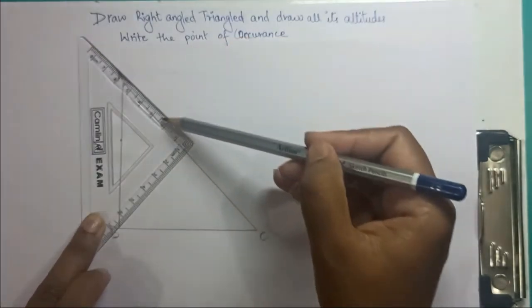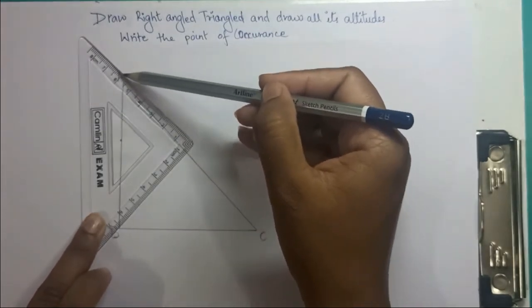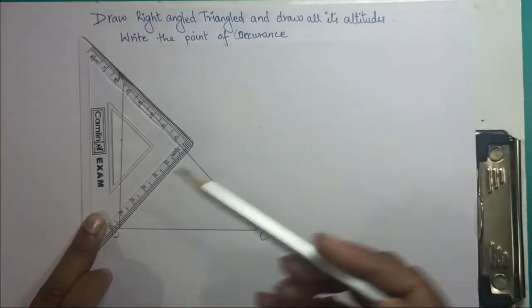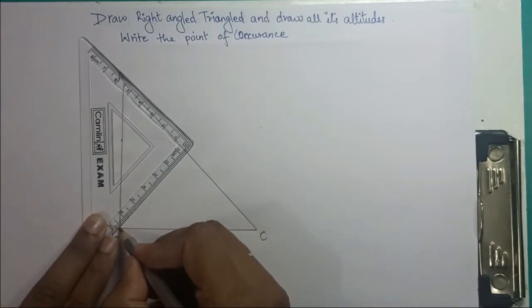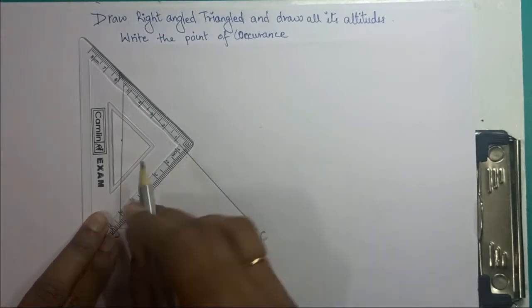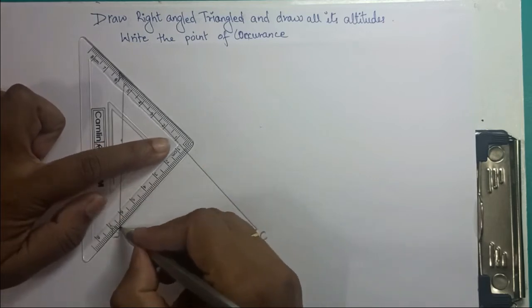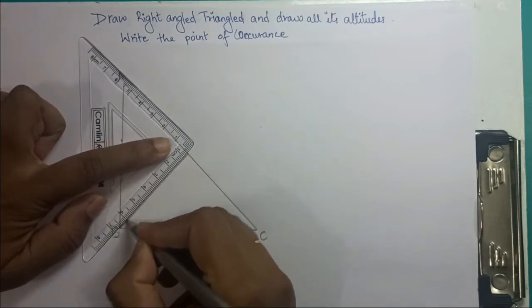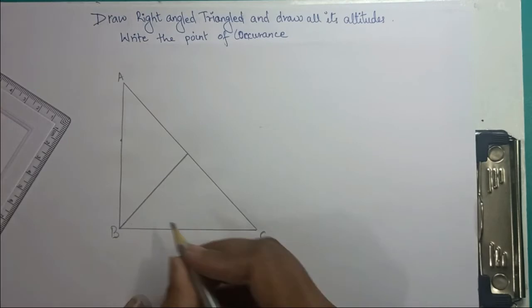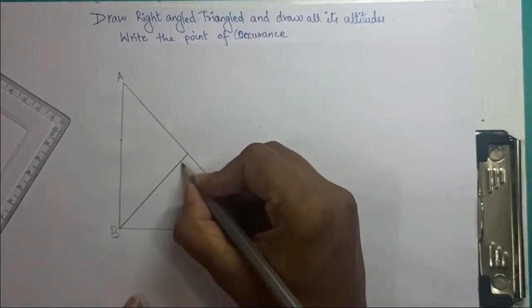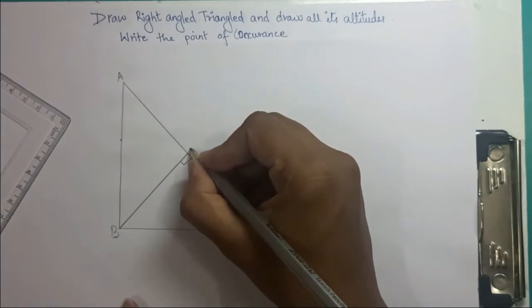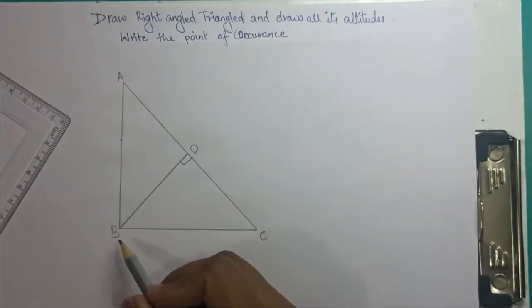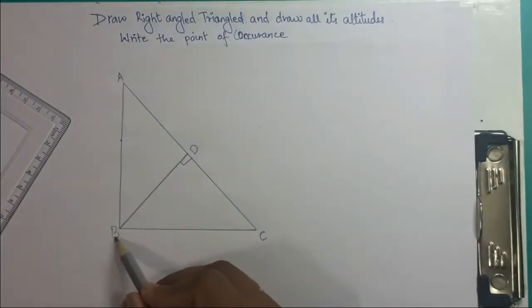This side should be on the opposite side, that is AC, and this point should be on your vertex, so it's B. So this is my perpendicular. Now I am giving this perpendicular foot the name D. So this is my altitude BD.